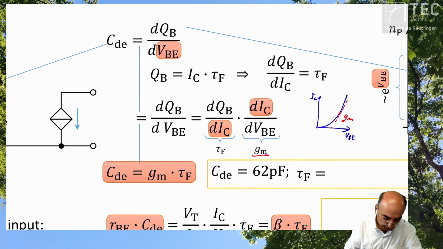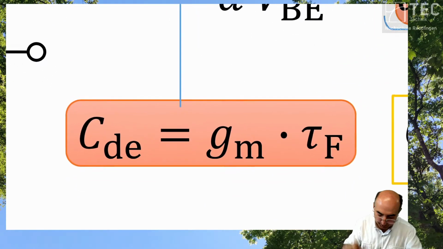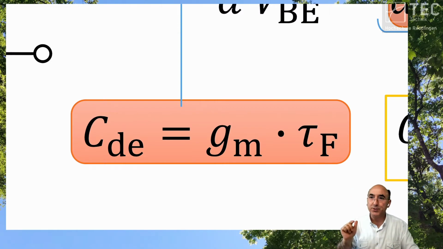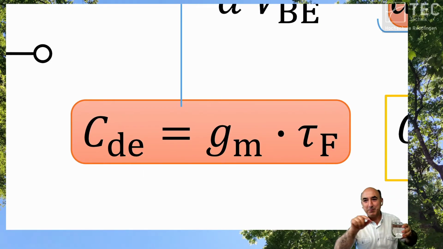Okay, now we have a new definition of the diffusion capacitance. You can't avoid this diffusion capacitance.